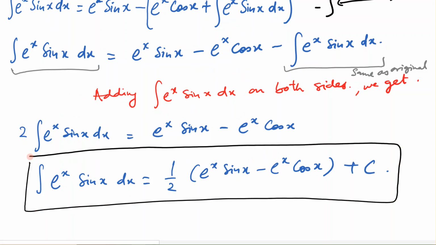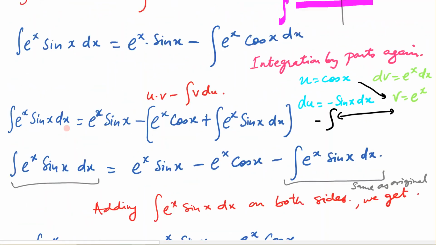So sometimes when we do integration by parts repeatedly, we end up having the original integral, and in that case, we just bring those original integrals together and do some algebraic simplification in order to find the value of the required integral.